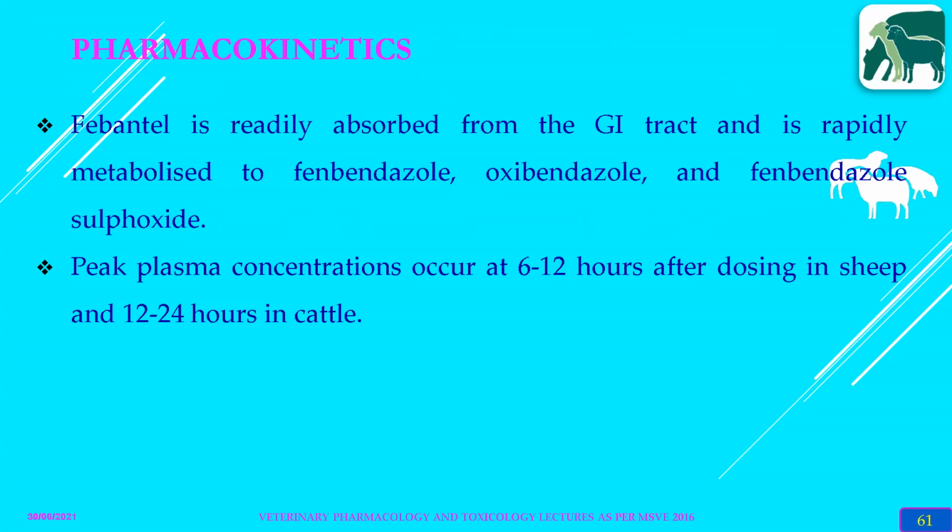And kinetics: it is absorbed from the GI tract and rapidly metabolized to fenbendazole, oxfendazole, and fenbendazole sulfoxide. All three have good anthelmintic activity. The peak plasma concentration will be 6 to 12 hours after administration, and of course 12 to 24 hours in case of cattle.